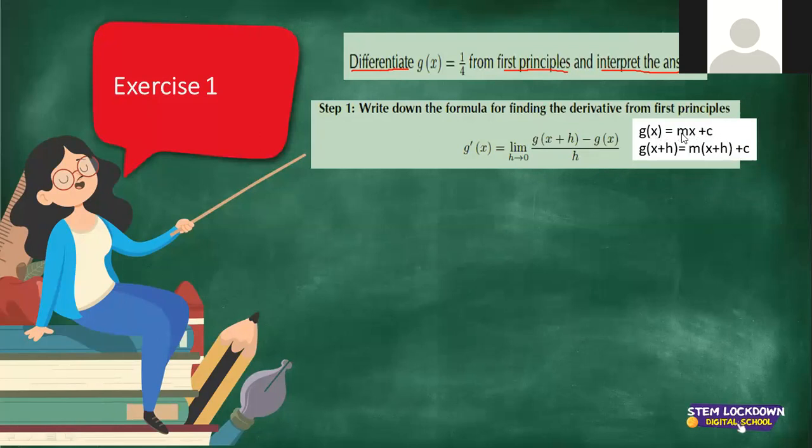We know that the m represents the slope or the gradient, this corresponds to the x value, and then this is our y-intercept.